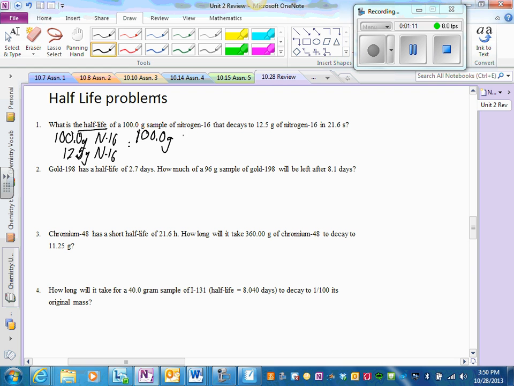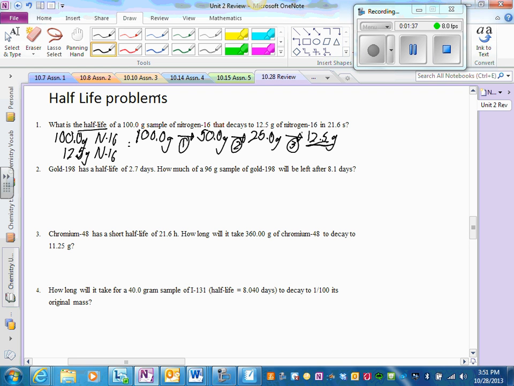So 100 grams of nitrogen-16. After one half-life, we end up with 50.0 grams. After a second half-life transpires, we get down to 25.0 grams. After a third half-life transpires, we have 12.5 grams.